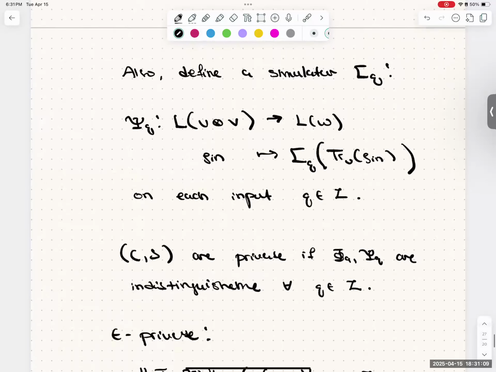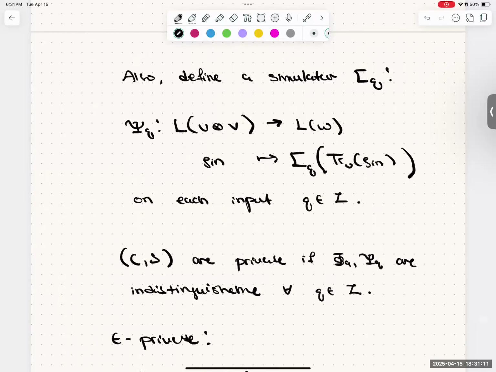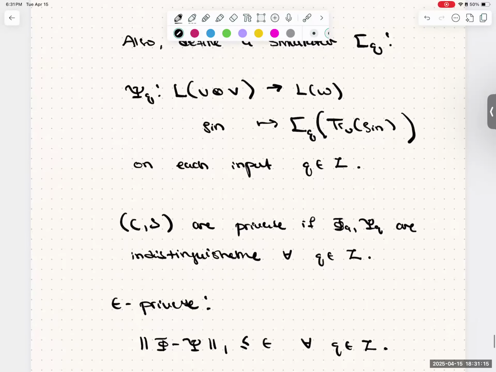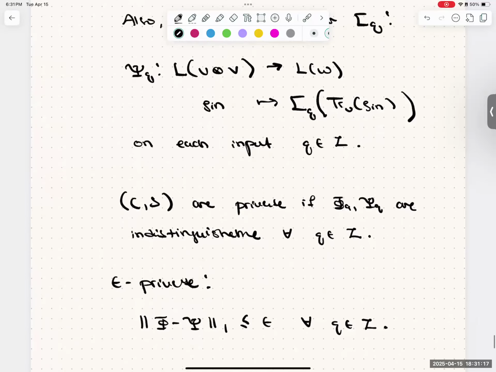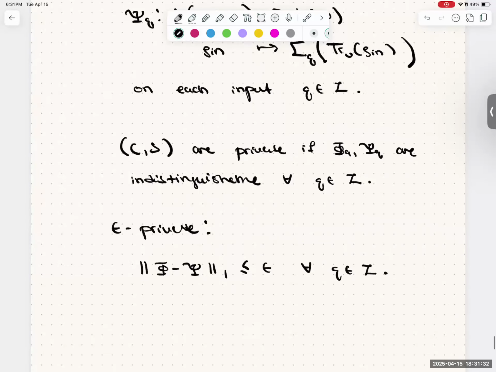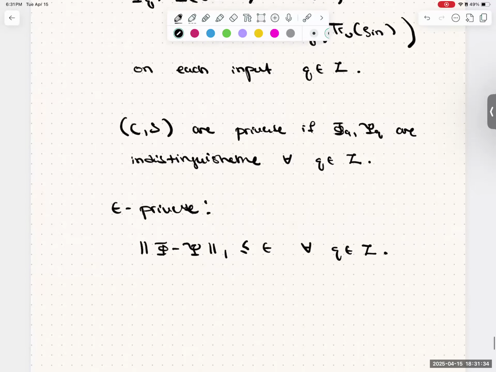So, to go back to what the simulator is trying to do, the idea is that you want to basically show that for any interaction between the client and the server, there is a simulator which sees only this reduced state, and you can make this simulator approximate the actual interaction as well as you want.